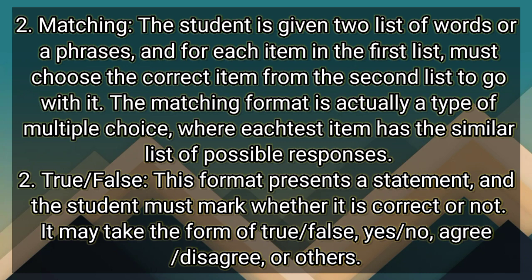Matching is also just like multiple choice, but here A and B lists will be there. In list A, some words or phrases will be there. In the second list also, some words or phrases will be there. So here we select the first statement, word or phrase, from the first list, then find a similar one in the second list.